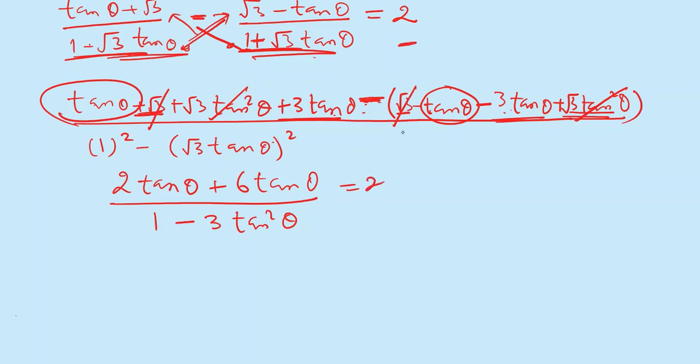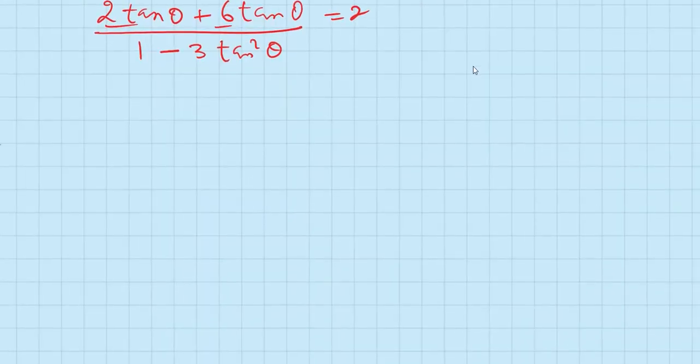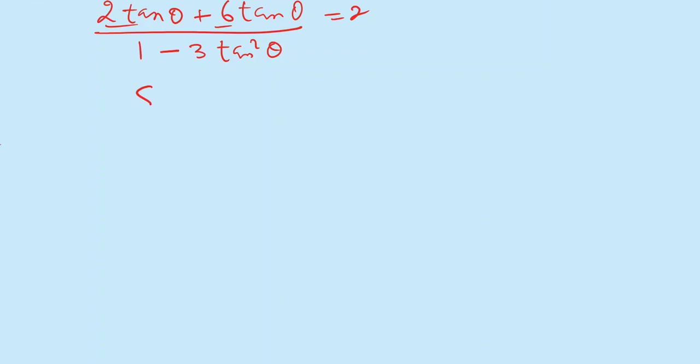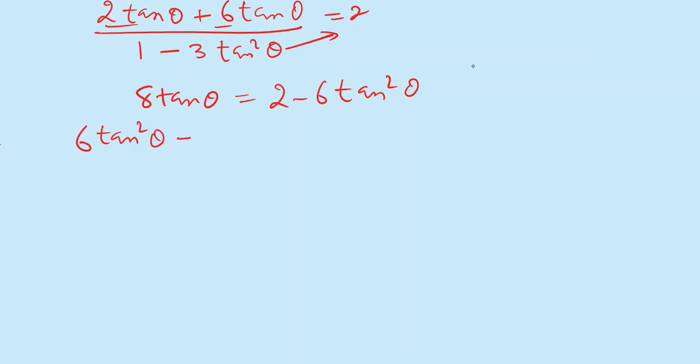Okay, so we know that 2 plus 6 will be 8 tan theta. And let's multiply this to the other side. It will become 2 minus 6 tan square theta, and let's bring everything to the left now. 6 tan square will be positive now, plus 8 tan theta minus 2 equal to 0.